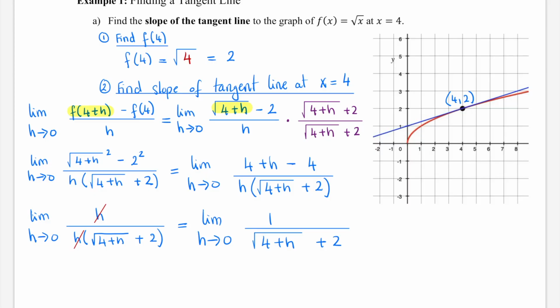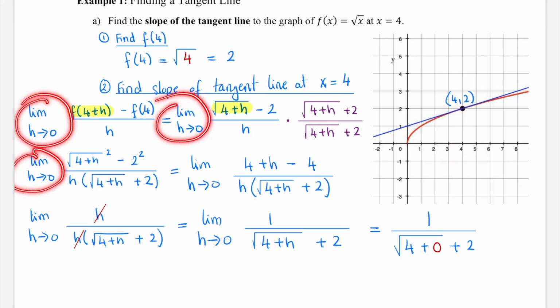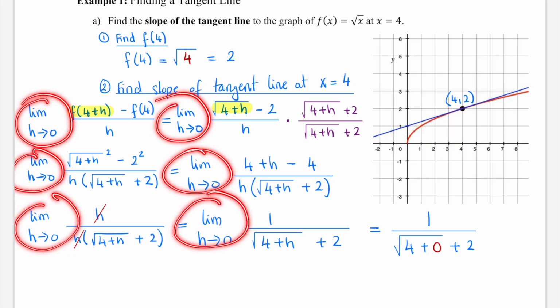Now, we can safely plug in h equals 0. Notice that I keep the limit notation the whole time until I substitute h equals 0 at the very end. This is something we should always do.